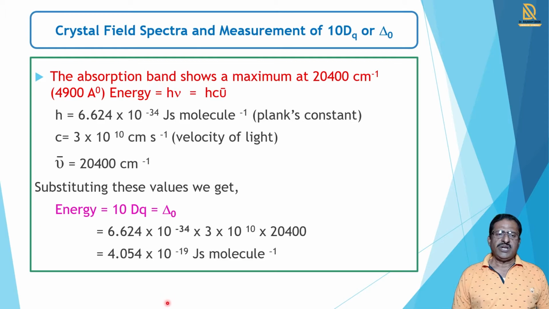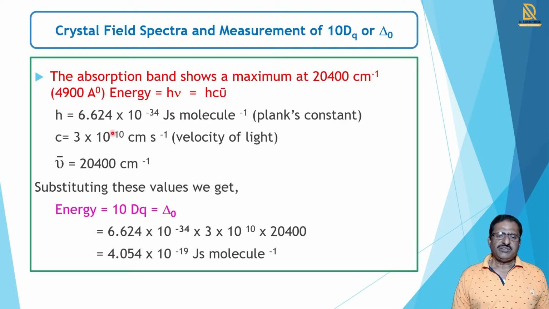Now, with the help of the crystal field spectra, we can calculate the 10 Dq value, and for that purpose we use the famous Einstein's equation, E = hν, or energy E = hc ν̄.